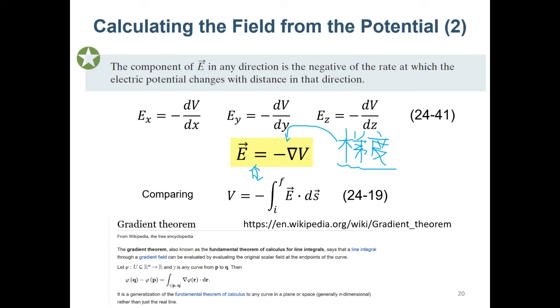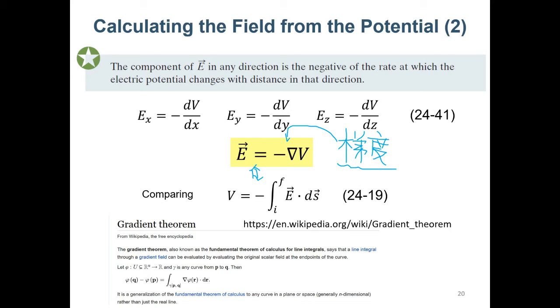It's actually the same stuff. You can check it on Wikipedia if you are interested. In Wikipedia, it's called the gradient theorem. The gradient theorem, also known as the fundamental theorem of calculus for line integrals, says that a line integral through a gradient field can be evaluated by evaluating the original scalar field at the end of the curve.